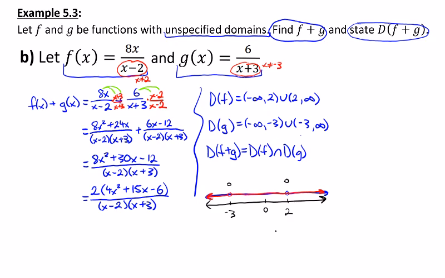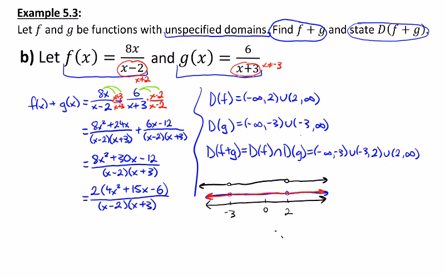But everything in between -3 and 2, there's overlap. Everything to the right of 2, there's overlap. And everything to the left of -3, there is also overlap. So this would lead me to say that the domain for f plus g, that's the new function that we're creating, will be -∞ to -3, union -3 to 2, union 2 to infinity.